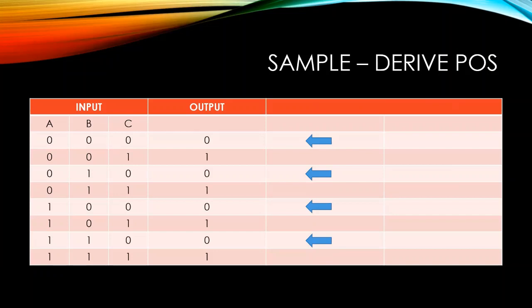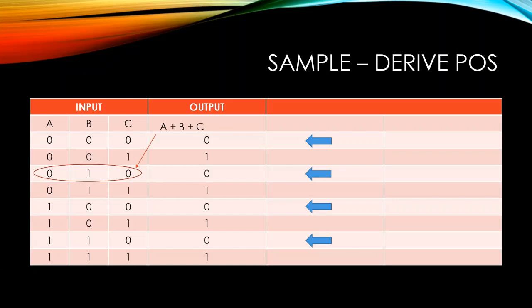So now, how could we convert ABC to its equivalent sum term? So we're just going to add the input and it should give us an output of 0. So A plus B plus C for this second set of input that yields an output of 0.